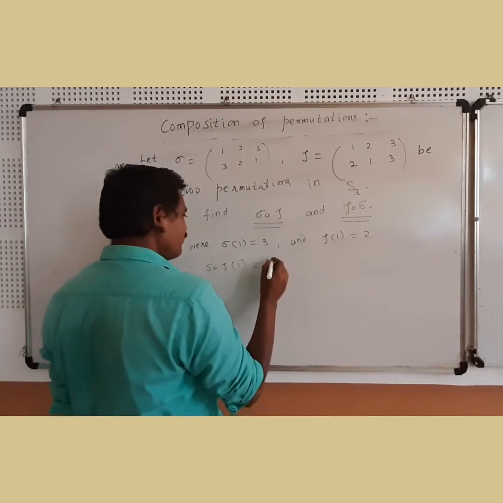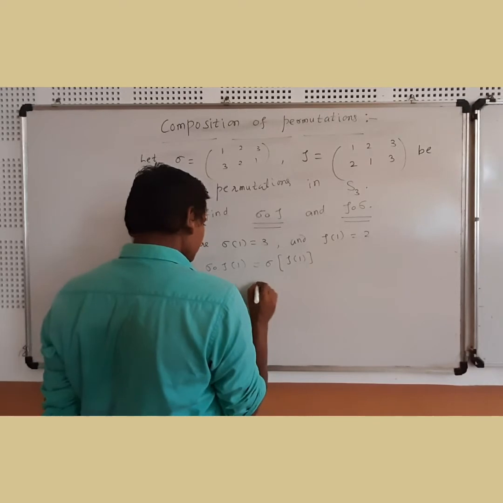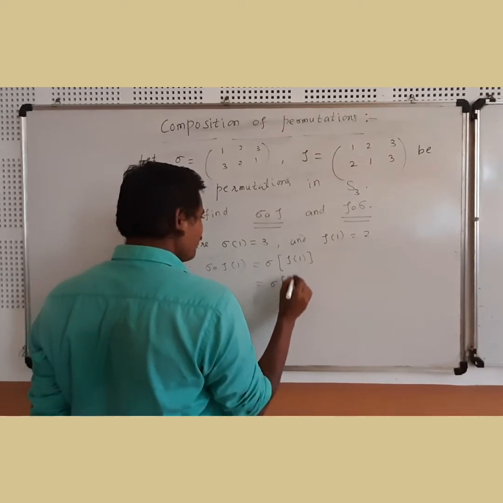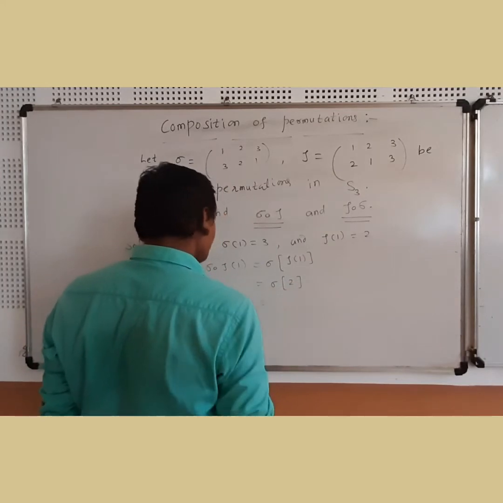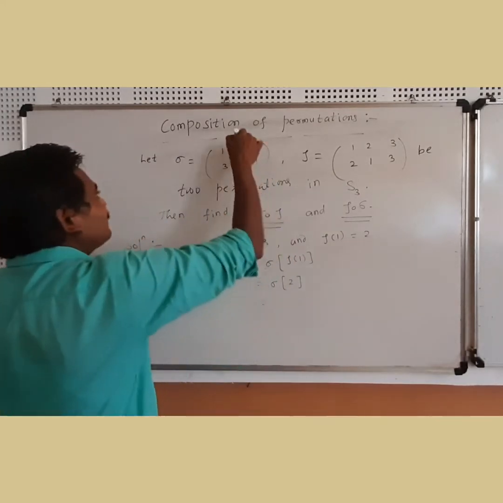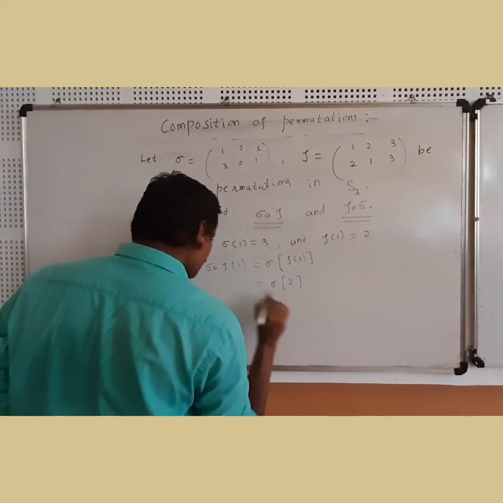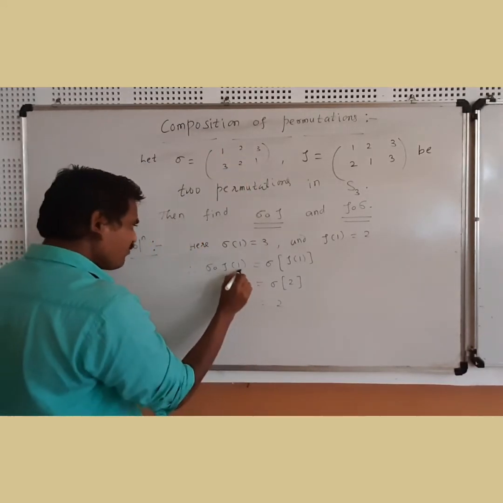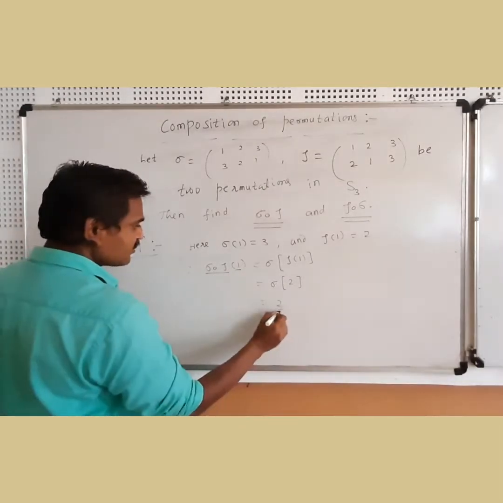Sigma circle tau of 1 is sigma of tau of 1. This is equal to sigma of, what is tau of 1? Tau of 1 is 2. So this is sigma of 2. What is sigma of 2? Sigma of 2 is 2. So this is equal to 2. So the image of 1 under the composition sigma circle tau is 2.